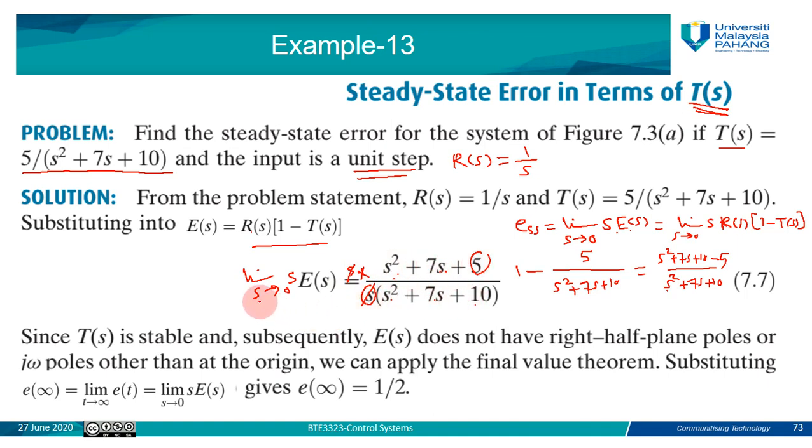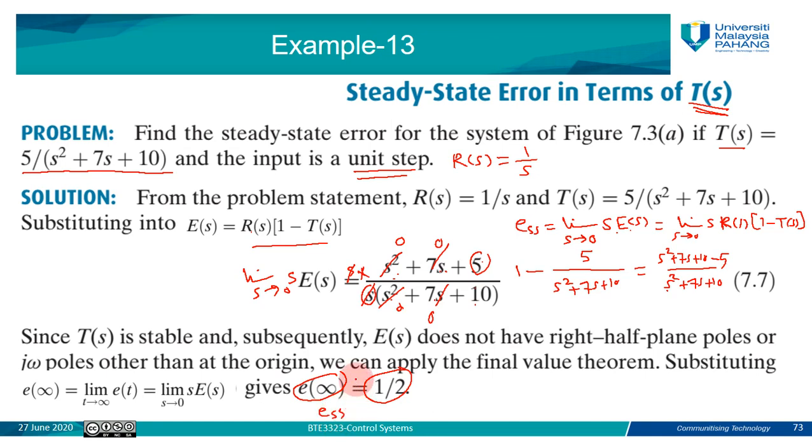If s equals 0, the s terms become 0. I have 5 over 10, which equals half. So the error here equals half. The e at infinity represents the value of the steady state error.